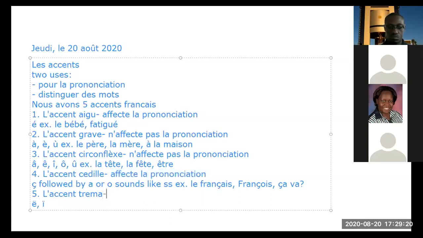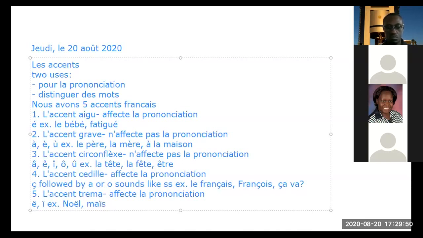For example, the word Noël, that is for Christmas, and maïs for maize.